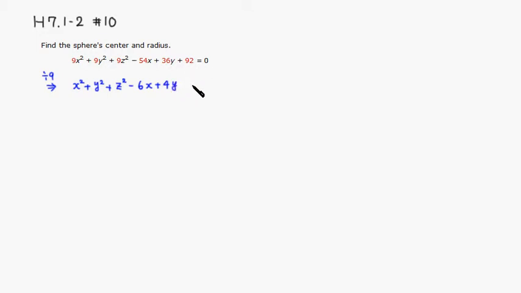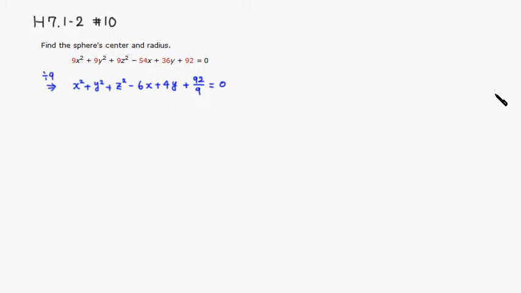And then 92 divided by 9, so that's not very pretty, but this is 92 over 9. So we have that. Then the right hand side is of course still 0.